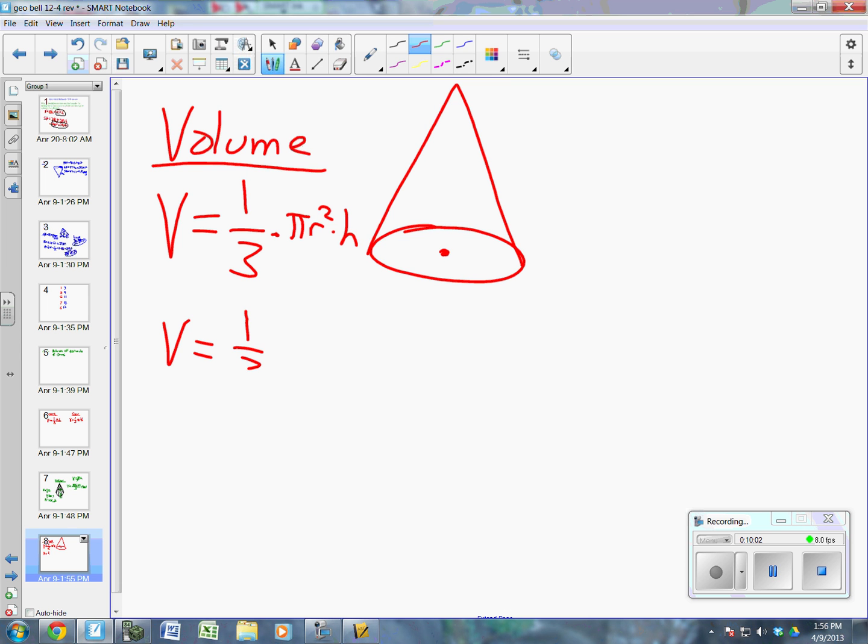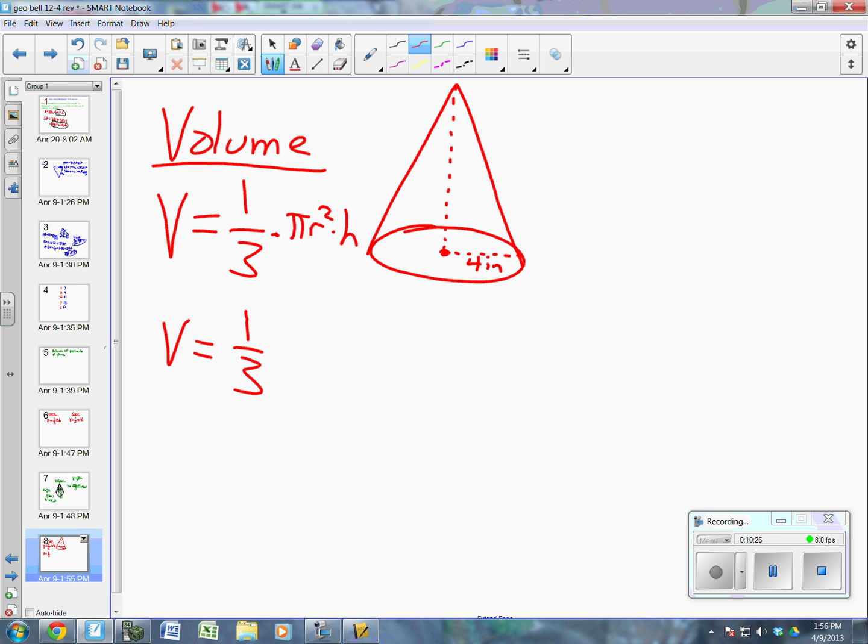So let's make up a radius. What is it? 4 what? Inches. Let's make up a height. Once again, I'm talking about this height, not the slant height, you guys. Not the slant height when we're finding volume. You want to know how tall it is.